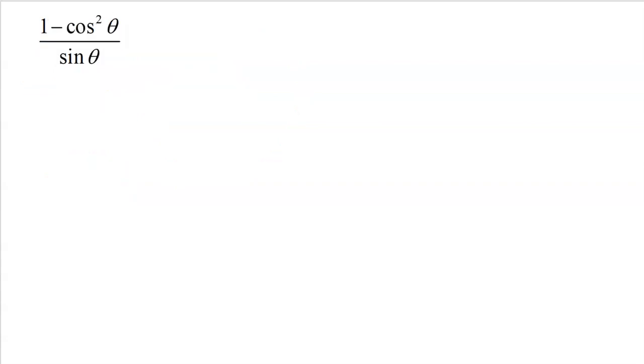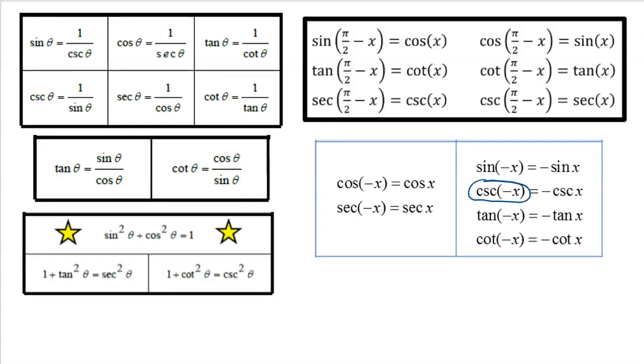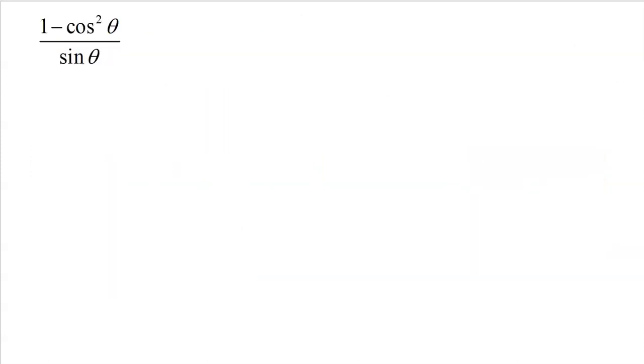All right, here's another one. And you're going to love this one. Again, anytime you see a square, jump to the Pythagorean identities, right? Especially when there's a 1 involved, because all the Pythagorean identities involve a 1 and squares. So right now I see 1 minus cosine squared in my problem. So I'm visualizing if I subtract the cosine squared over, 1 minus cosine squared is sine squared.